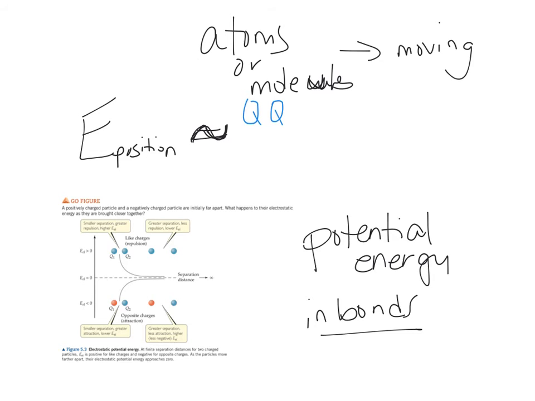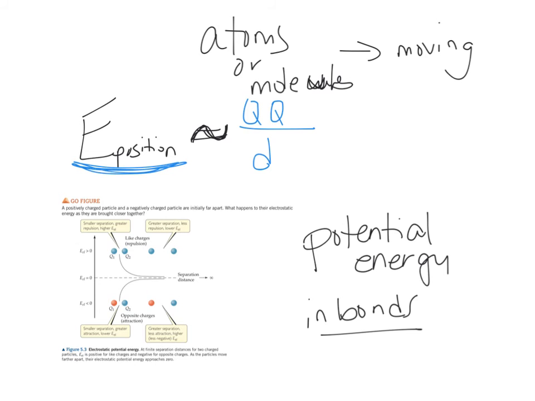So if we have two, and that will be our energy of position, our potential energy in our bond is going to be proportional to the charges, let's say if we're dealing with an ionic compound, of the two ions, and then it'll be inversely proportional to the distance between them. So our energy of position in a bond will be directly proportional to two charges and inversely proportional to the distance between them. And this will work with electrons or with ions.